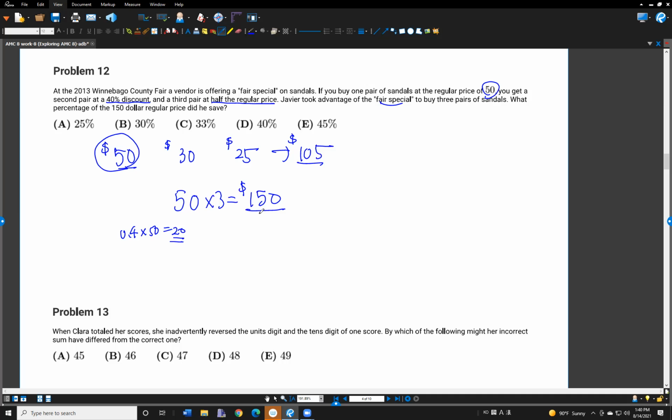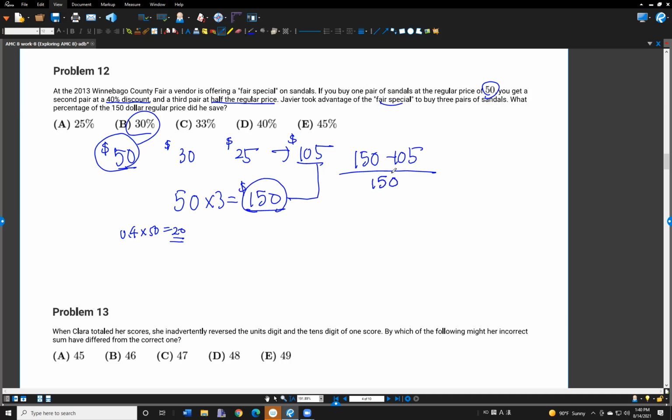All right. What percentage of the $150 regular price did you save? How can you find this one? What percent? I got B. Any other number? Yes, B is correct because the difference is saved, right? 150 minus 105, from which amount? From this amount, you need to divide by 150, right?